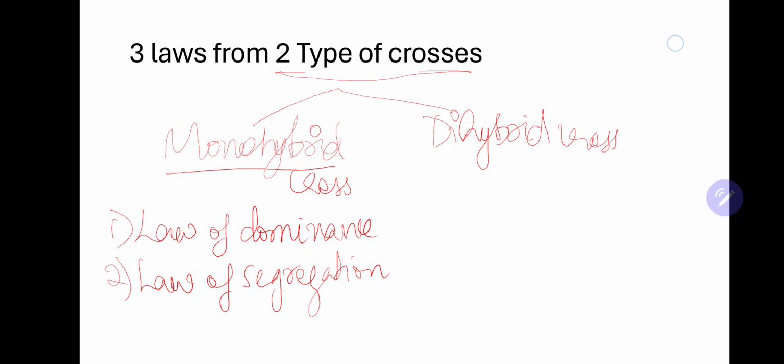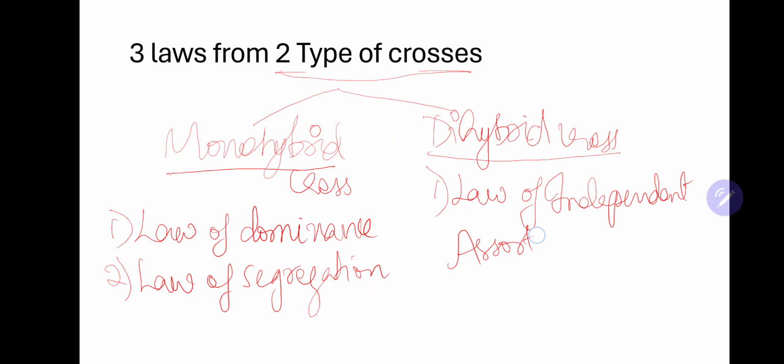So, 2 laws were derived from the monohybrid cross, while in the case of dihybrid cross, the law named law of independent assortment was derived.